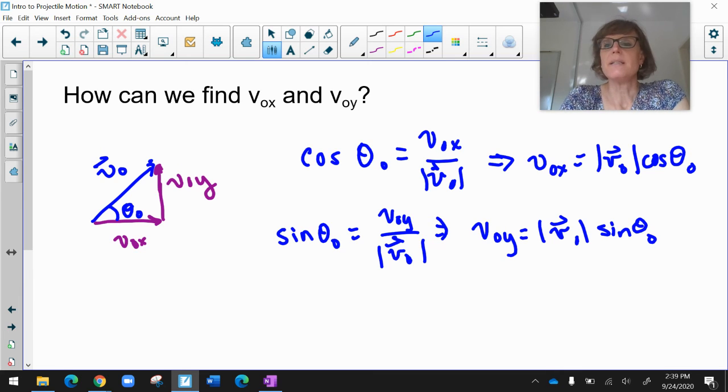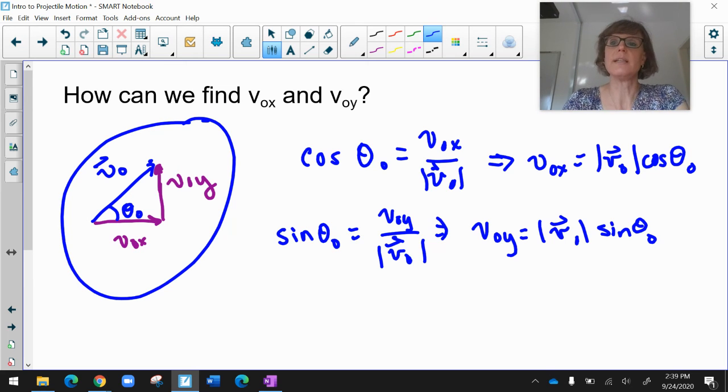I would not memorize these. I would memorize how to get them, because the angle could be defined in a different way. Maybe the angle is going to be defined from the vertical instead of the horizontal. So it's always best to draw your triangle and really look at the angle and look at what's labeled so that you can determine what the components are.